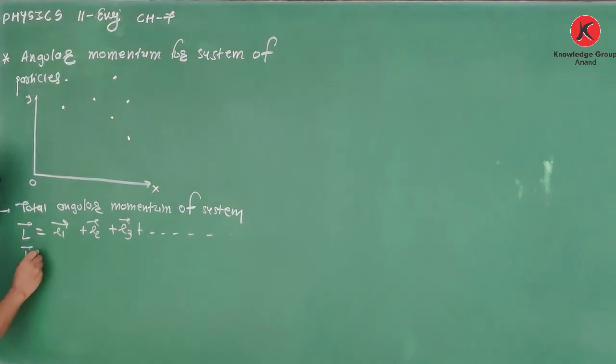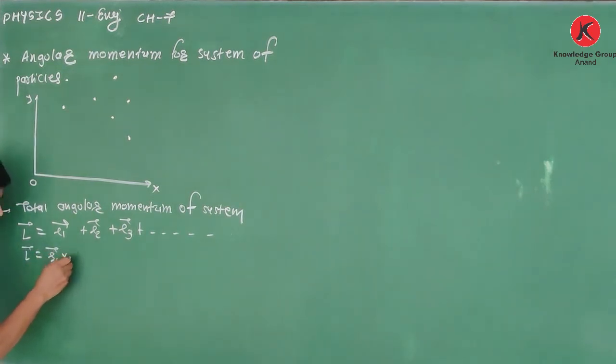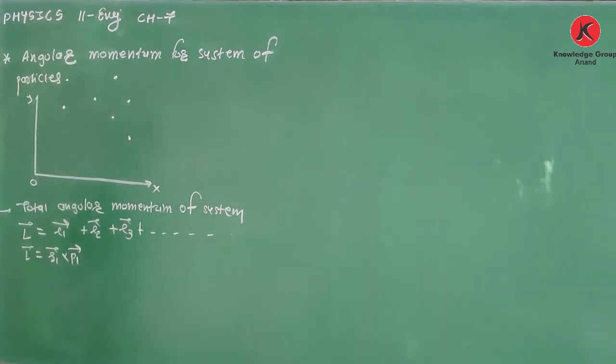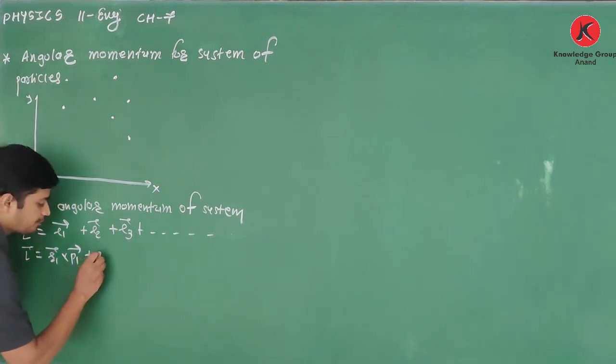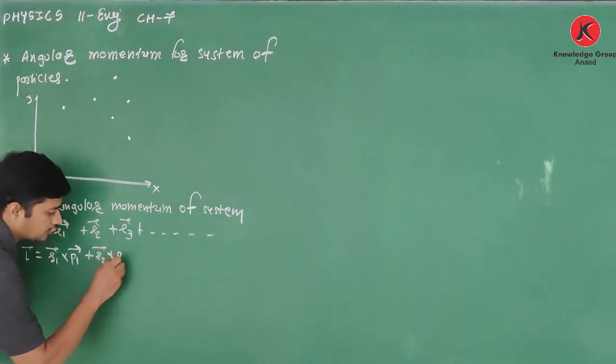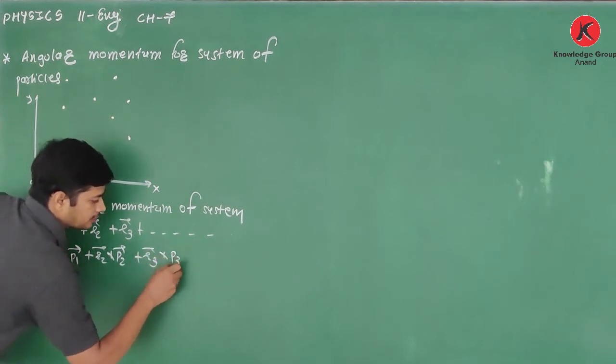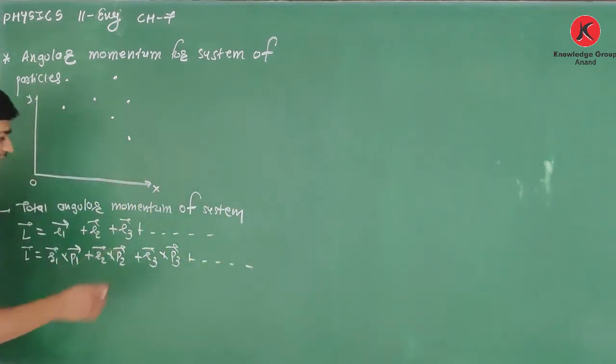So I can write L is equal to r1 cross p1. We know the definition of angular momentum for one particle, that is L is equal to r cross p. So L1 is equal to r1 cross p1: position vector of the first particle, linear momentum of the first particle. Similarly, it is r2 cross p2 plus r3 cross p3, and so on.